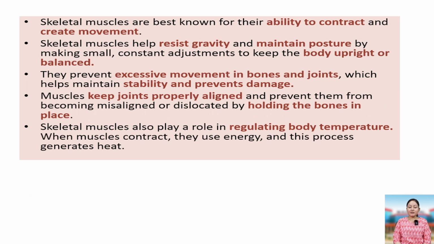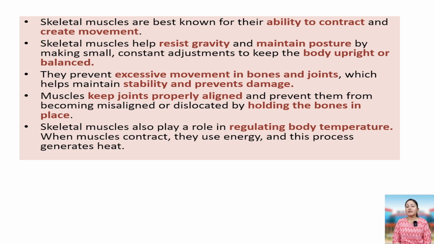So, skeletal muscles are best known for their ability to control and create movement. Skeletal muscles help to resist gravity and maintain our body posture by making small constant adjustments to keep the body upright or balanced. Next, they prevent excessive movements in bones and joints, which helps maintain stability and prevent damage.